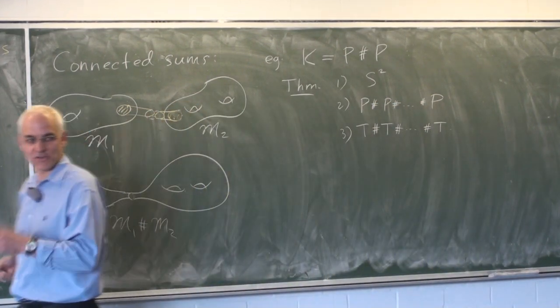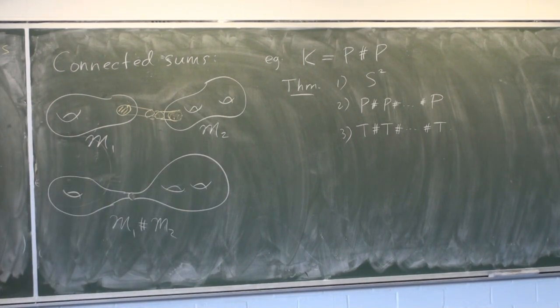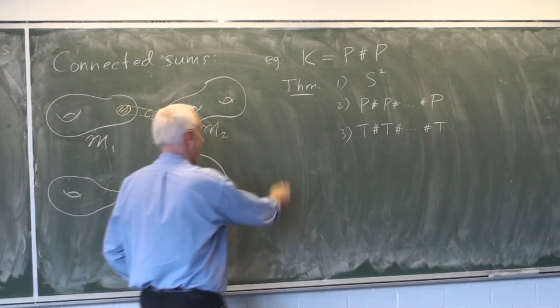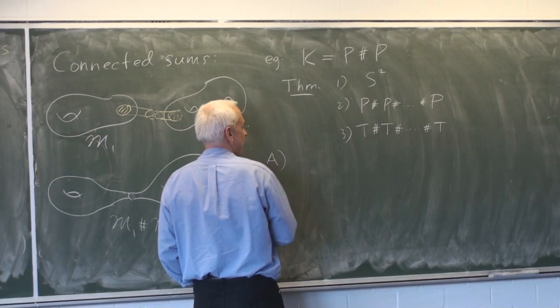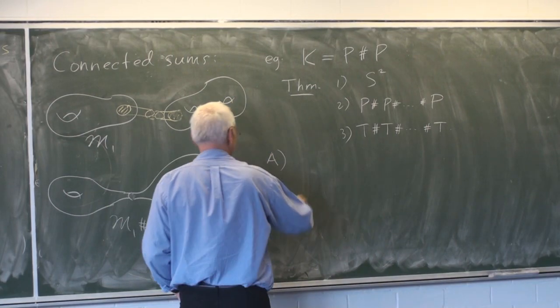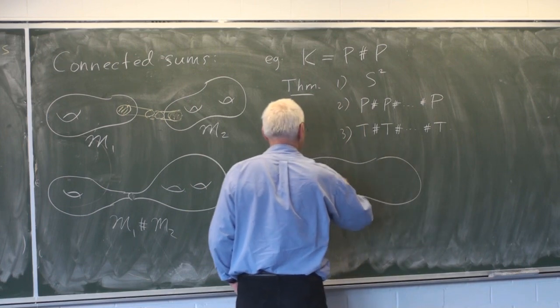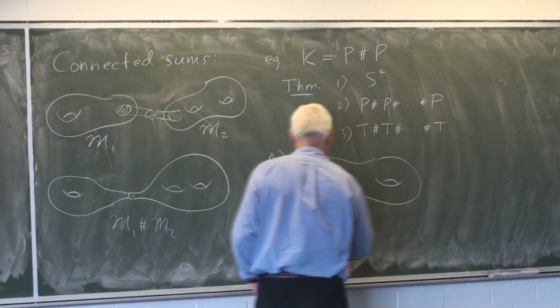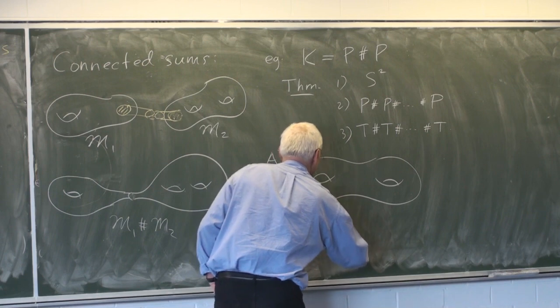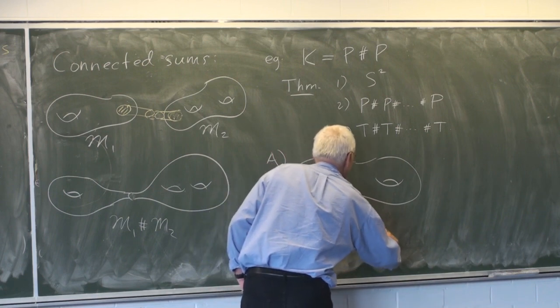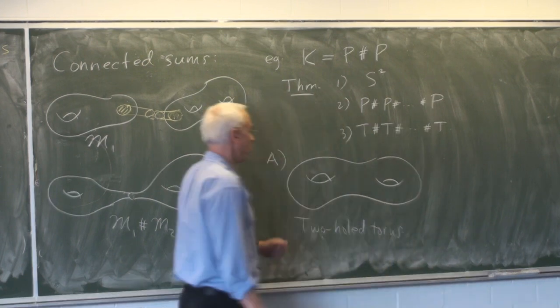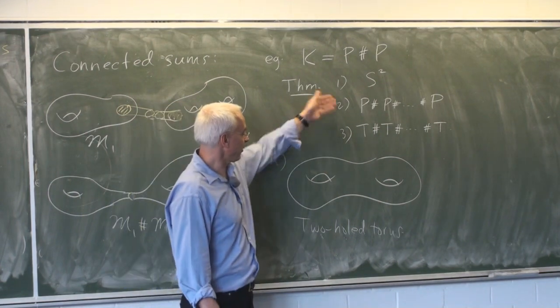That just gives us some notation for talking about these things. So today I want to talk about two particular ones. We're going to look at the two-hole torus first, and then we're going to look at three projective planes.